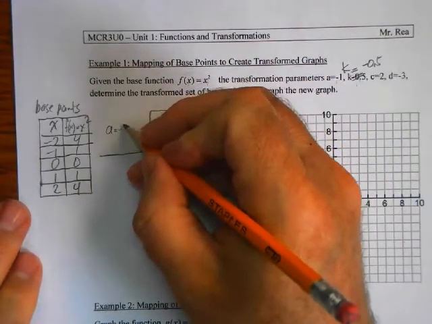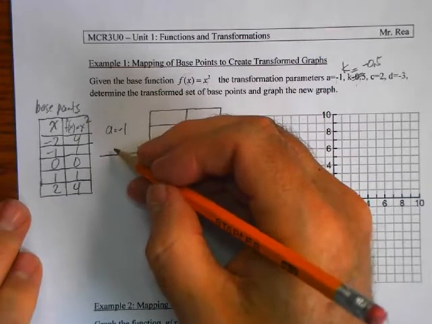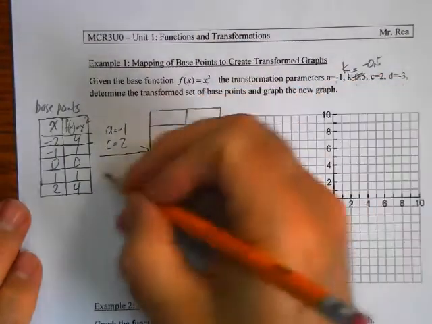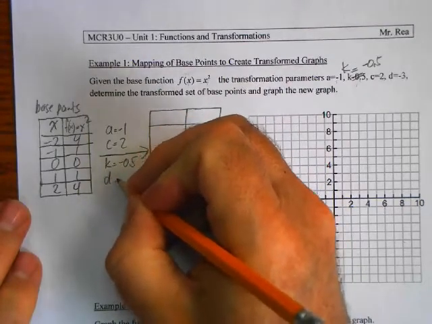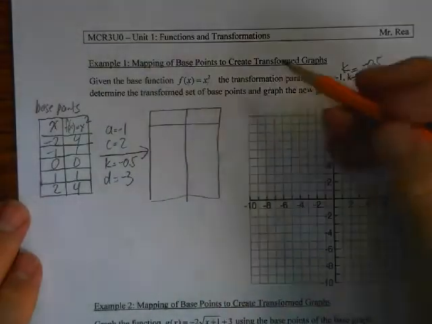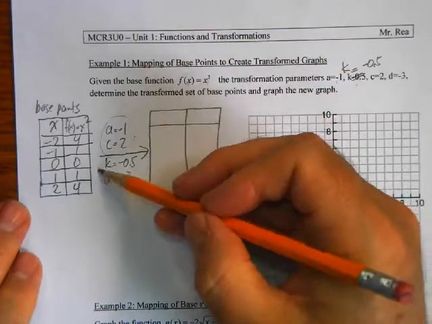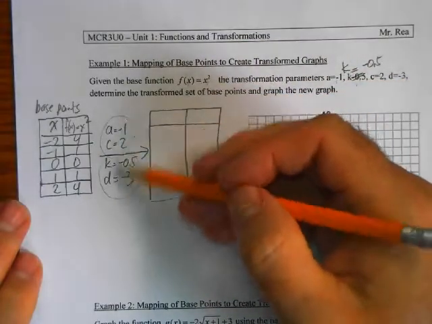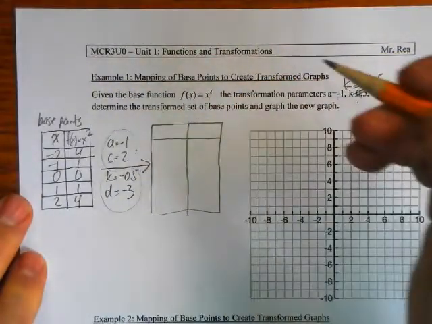So I've got a equals -1, c equals 2, k equals -0.5, and d equals -3. The reason I'm doing that is that the a and the c will apply to the y coordinate, and the k and the d apply to the x coordinate. That's the only reason I split them out like this, but I would write them out here anyway, just so you can see them very clearly and you don't have to go back to the question.